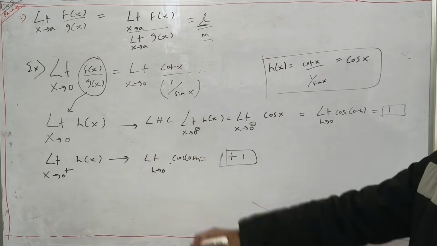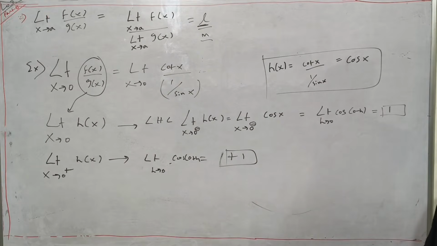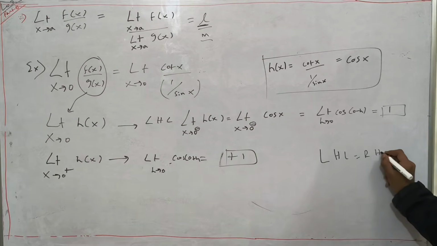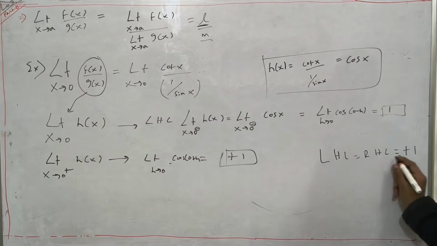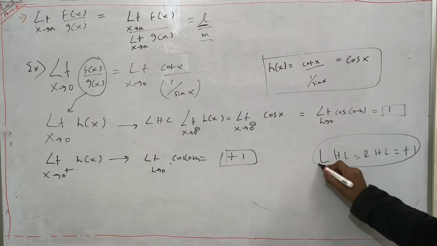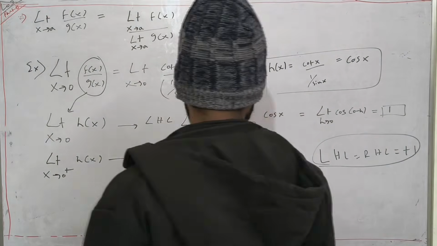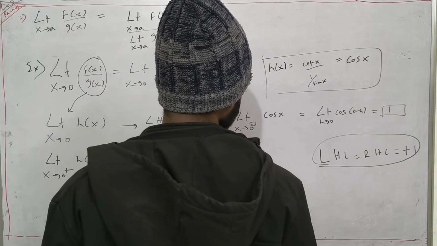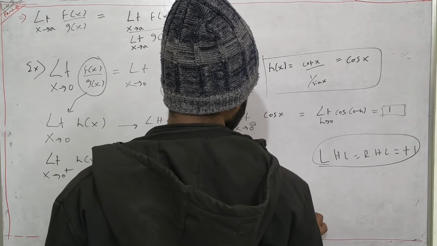This is the left hand limit and this is the right hand limit. So you can observe left hand limit equals right hand limit equals +1, which means the value of limit x tends to 0 of f of x by g of x equals +1.